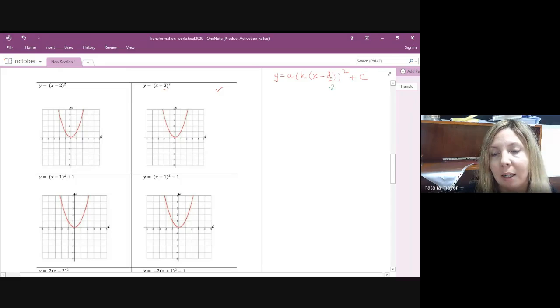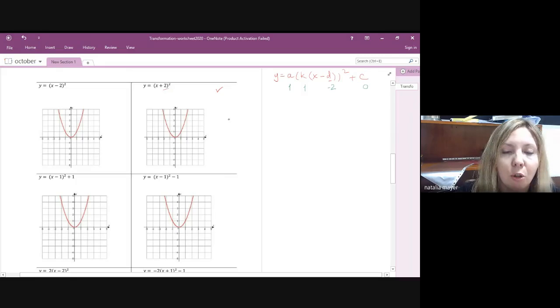So it means that a negative value of d has been inserted into this equation. So d is negative. Now, what is the a value? We don't have any coefficient before the brackets. It means that a is 1. And then we don't have any coefficient of x inside the brackets, so it's also 1. And finally, c is not there. Since nothing is added here, it means that the c value is 0.